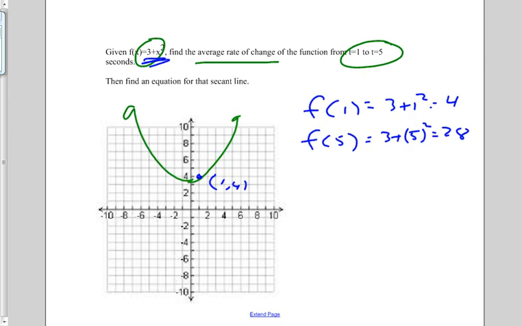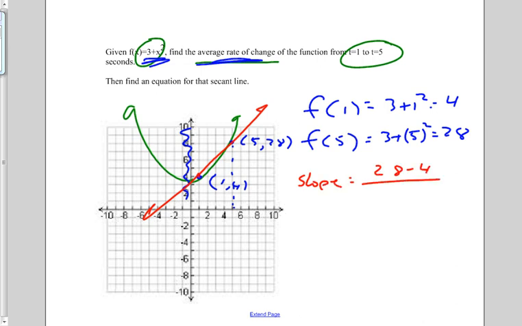Now my graph isn't totally right, but let's just do that scale and say here's the point 5 comma 28, and I'm looking for the average rate of change. So I'm looking for the slope of this secant line. The slope of that secant line is 28 minus 4 over 5 minus 1, 24 over 4. Let's just leave it like that.